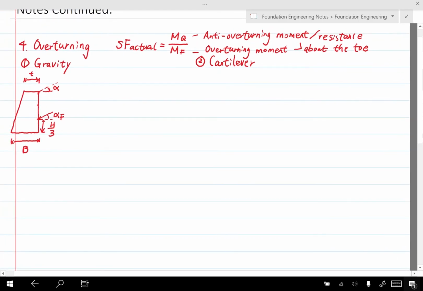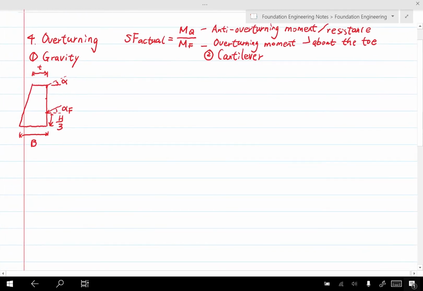But the toe will simplify your equations significantly. So try to use this one. It's point O. It's the point about which we will calculate all the moments. So we need to get the M sub Q and M sub F. Let's take a look at how to do M sub Q. M sub Q is the anti-overturning moment.